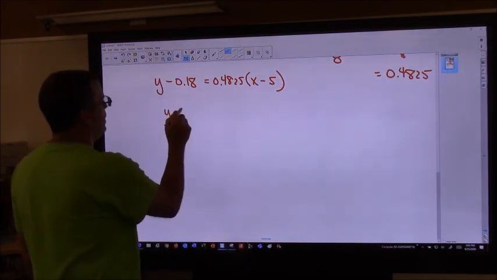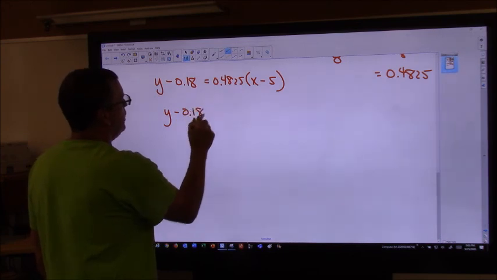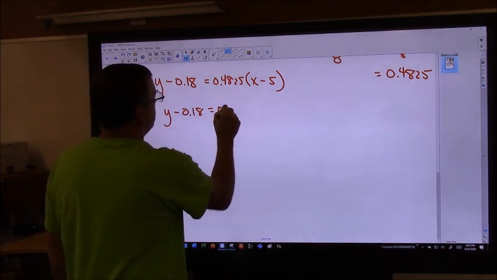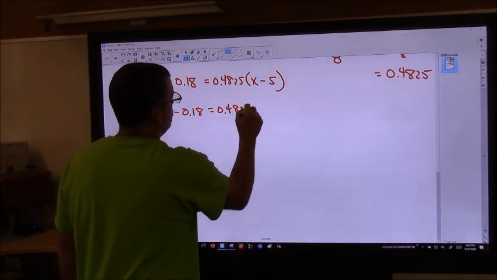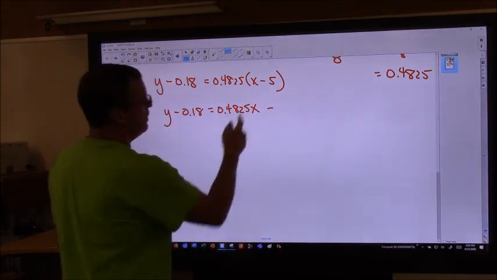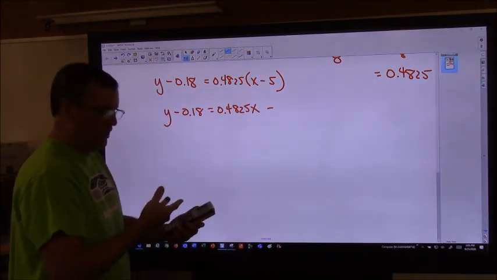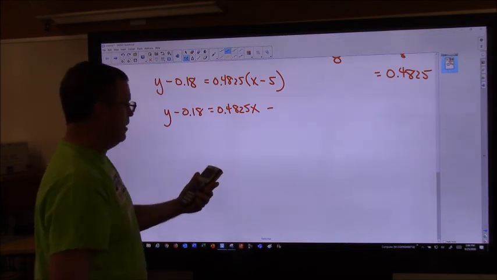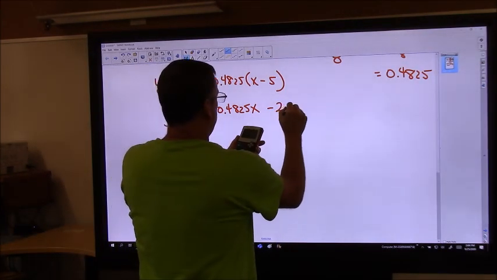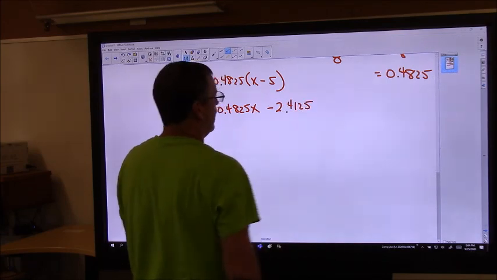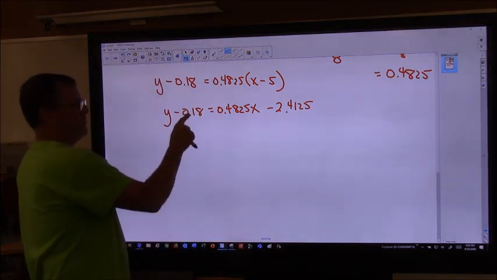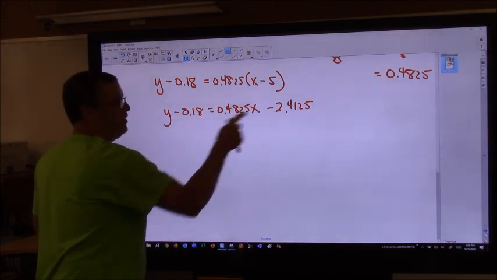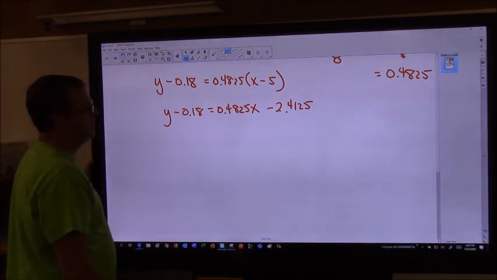I've got y minus 0.18 equals 0.4825x minus, I just need to take 5 times this. I still have it in the calculator, so I'll just hit times 5. And I got 2.4125.